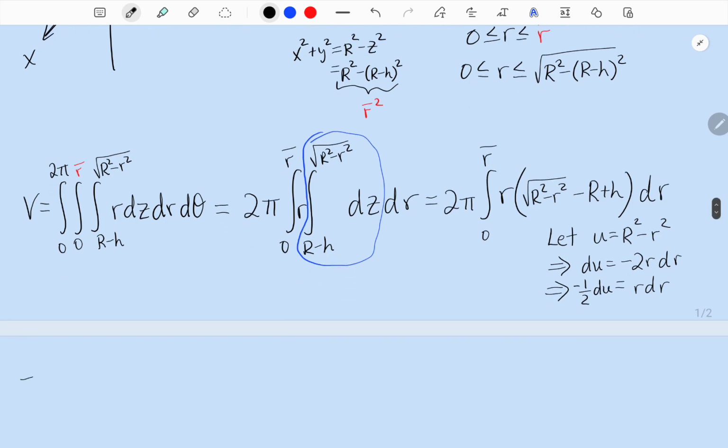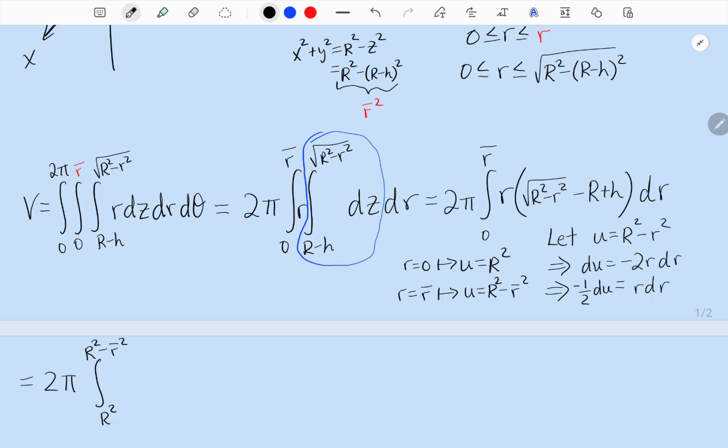What does this imply? It implies that r dr is equal to negative 1/2 du. Okay, so this is equal to 2 pi, and let's see, r equals 0 maps to u equals R squared, and when r equals r bar, that will map to u equals R squared minus r bar squared. So u goes from R squared to R squared minus r bar squared.